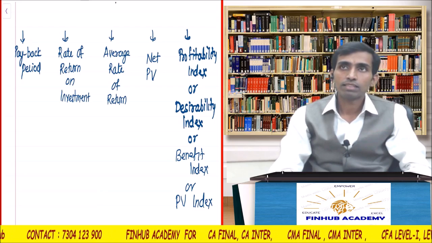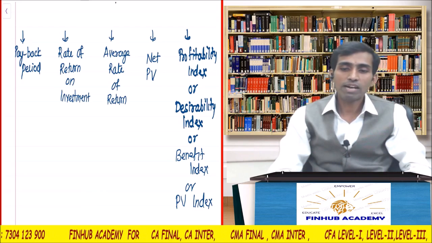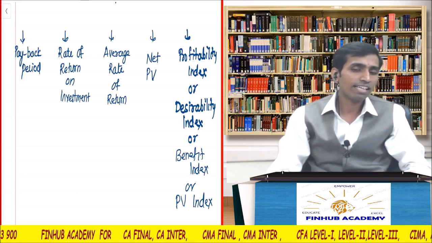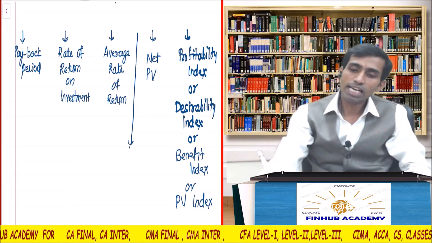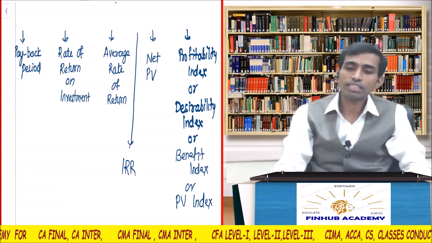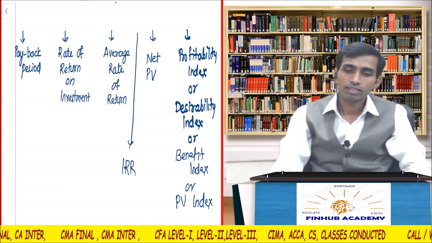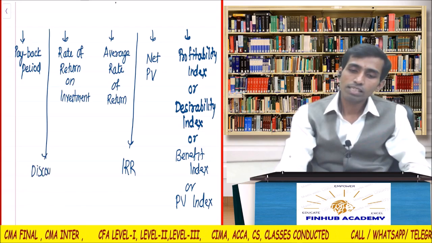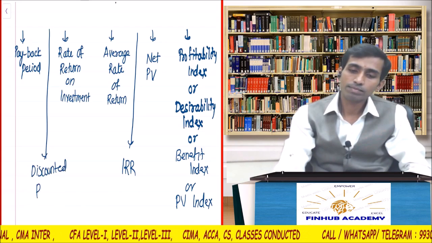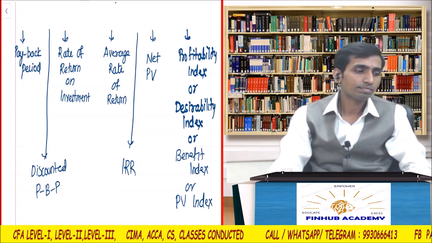Payback period, rate of return on investment, average rate of return, net present value. Then one more, write IRR, internal rate of return. One more, write discounted payback period.